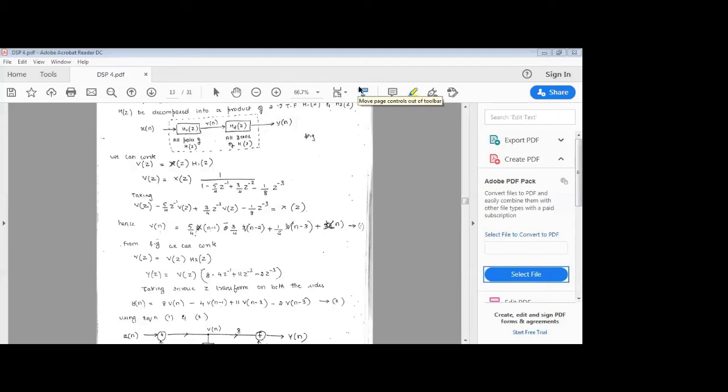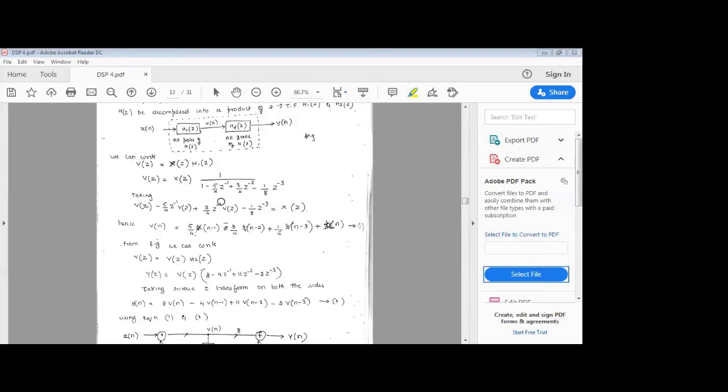Output by input. So output is v of n by x of n. The same thing I have written here in terms of z. So my v of z becomes what? Now v of z is equal to x of z into H1 of z. Okay. So this is nothing but v of z is equal to x of z into H1 of z, the transfer function we have got from the numerical. This is the transfer function.